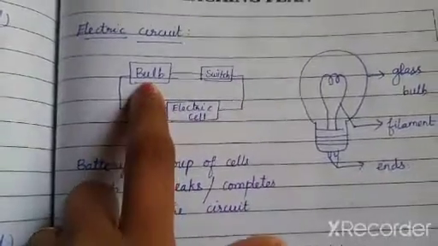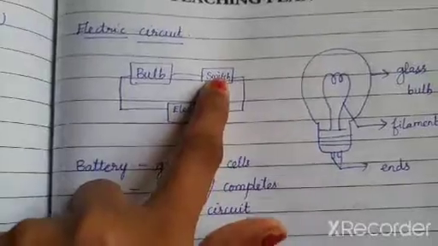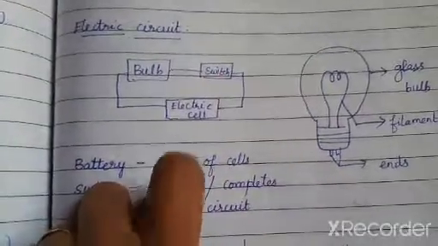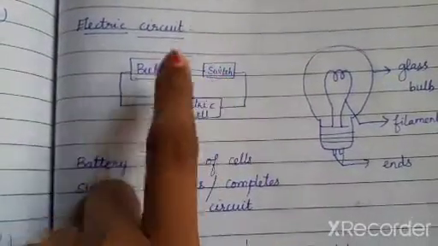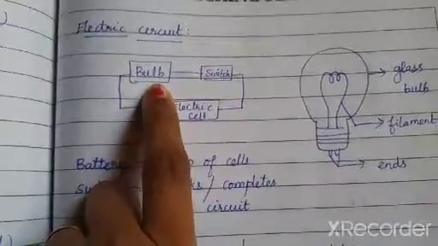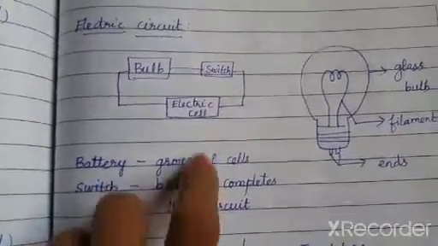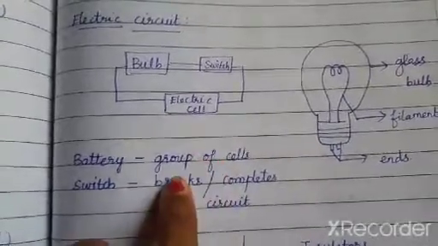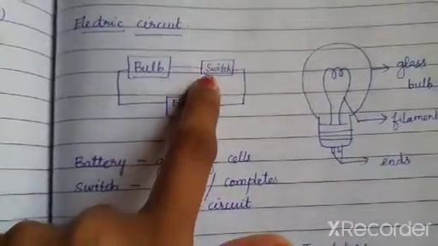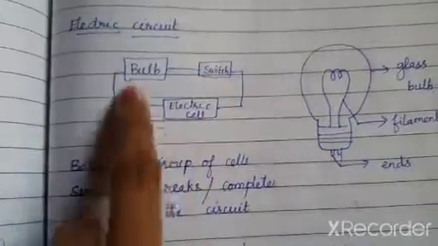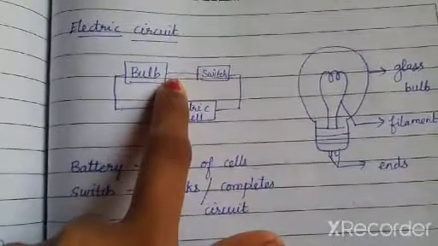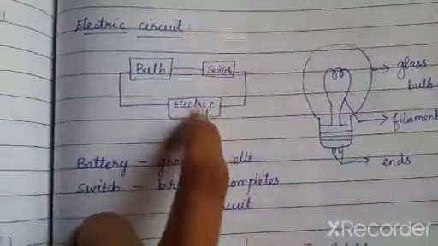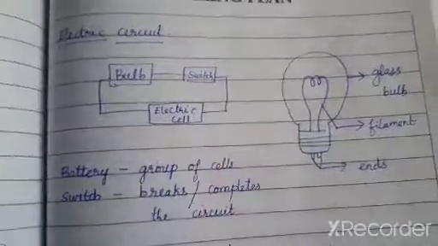Now, if I want the bulb to glow, I should switch on the switch first. If the switch is off, the bulb will not glow. Right? So, I can tell the switch is a component which has the capacity to either complete the circuit when it is on and break the circuit when it is off.